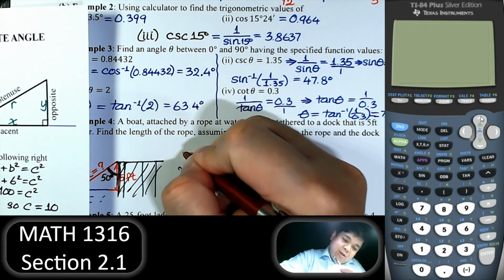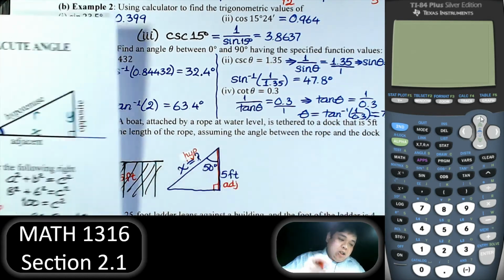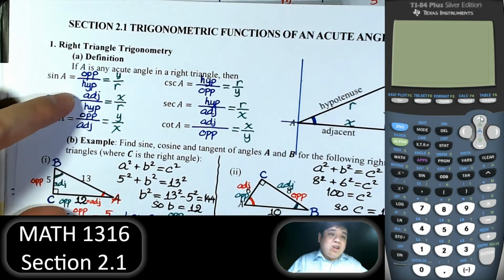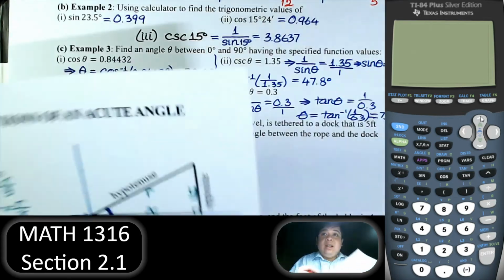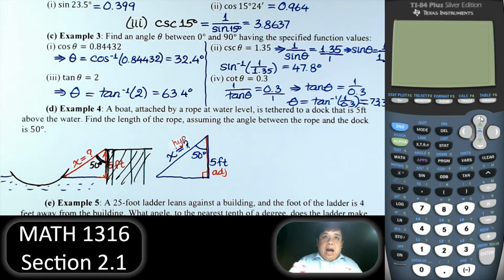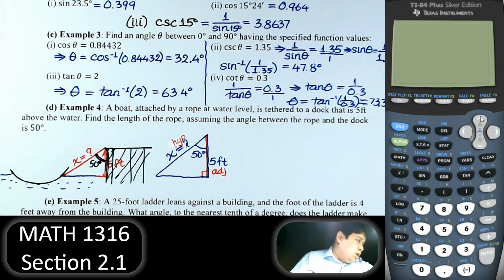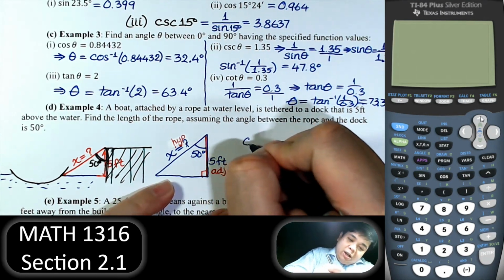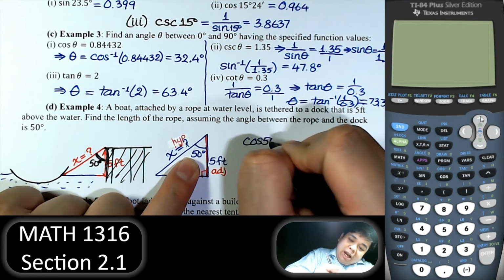So x is going to be hypotenuse. So the ratio that has hypotenuse and adjacent is either cosine or secant. But in terms of calculation, I prefer to use cosine because the calculator has cosine. Calculator doesn't have secant. So we use cosine with respect to the 50-degree angle.